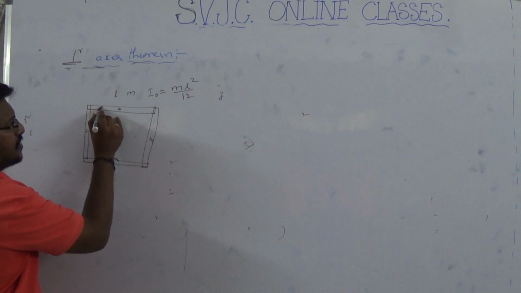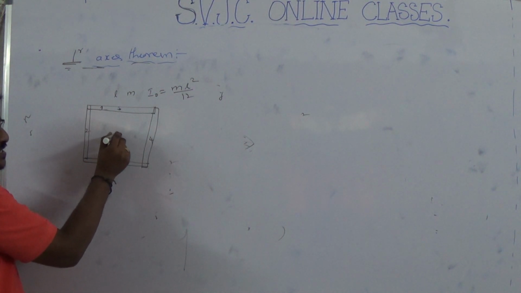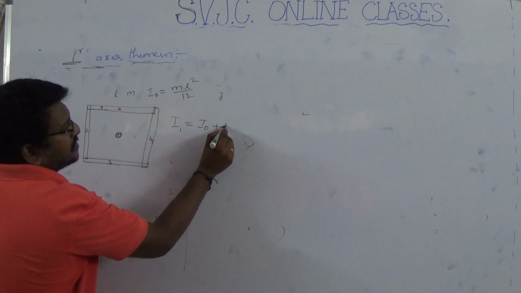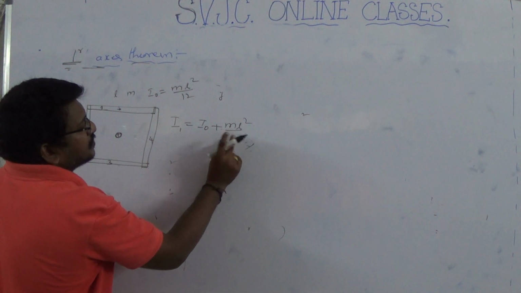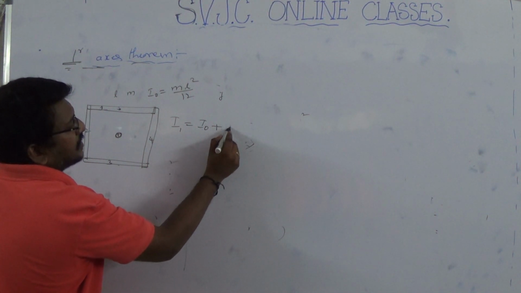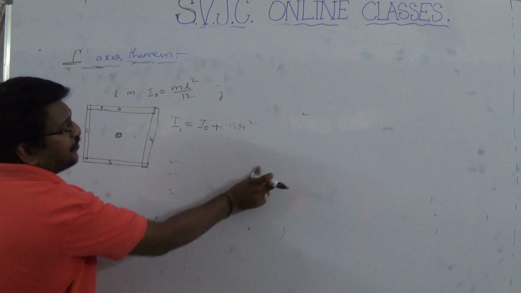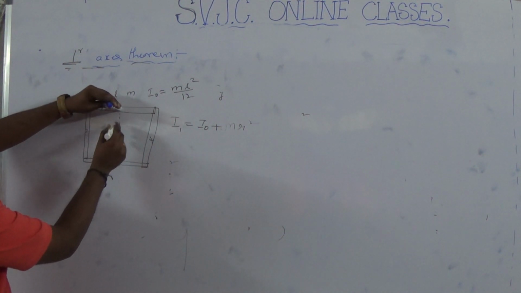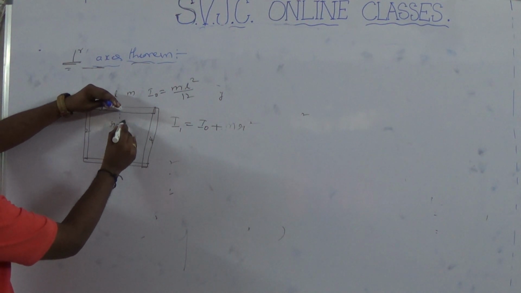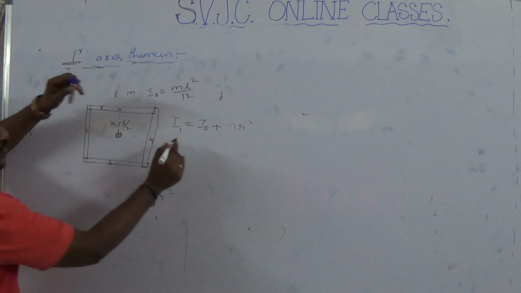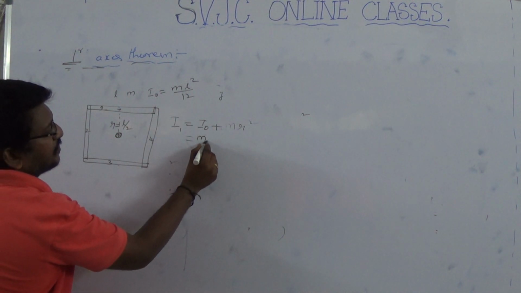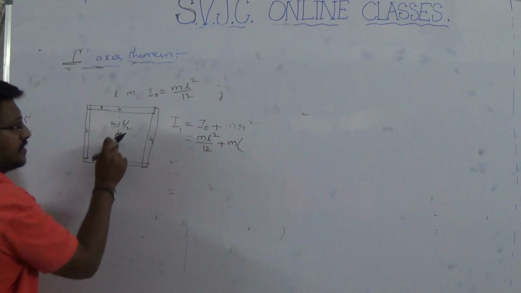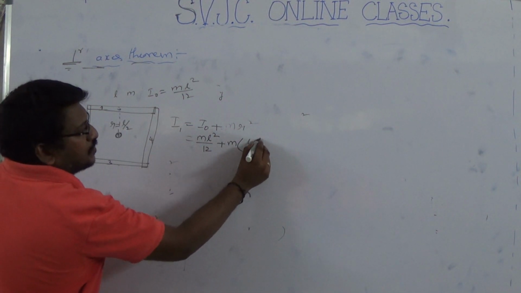So the moment of inertia of the first rod with respect to this axis is given by I equal to I naught plus M r square. That is the formula. Here from here to here, these two are the parallel axes. The distance between these two, small r, is clearly L by 2. So I naught means basic formula ML square by 12 plus M into L by 2 whole square.